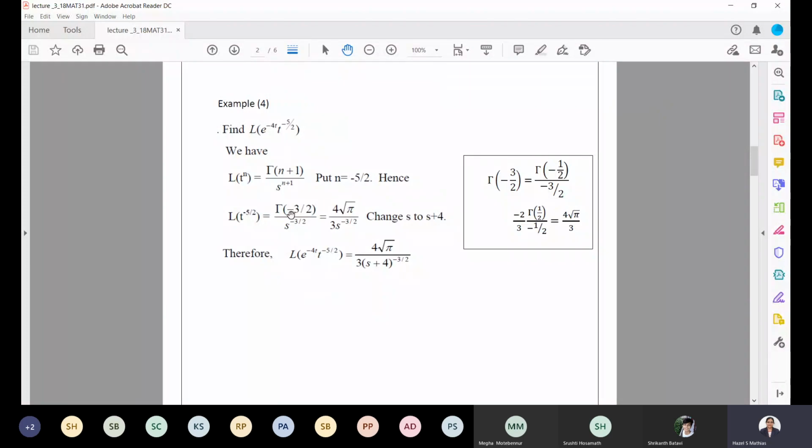How do you find gamma of minus 3 by 2? Here I have explained. Gamma of minus 3 by 2. How can we write gamma of n? You have to write it in terms of gamma of n plus 1.